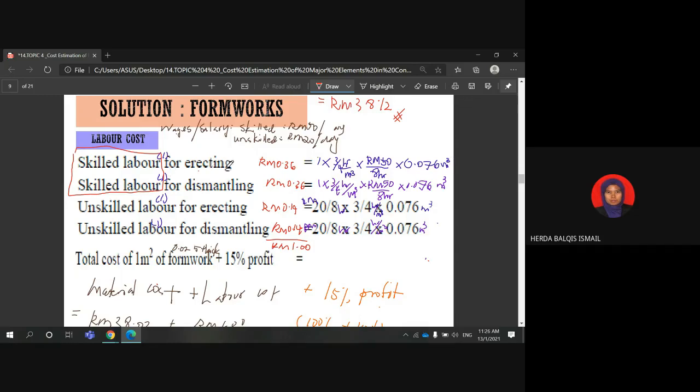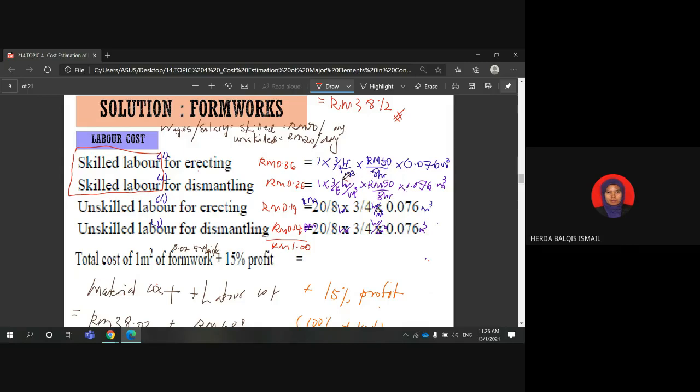For dismantling it is the same, due to the same duration, 3/4 hours required to dismantle 1 cubic meter of formwork, with the salary of 50 ringgit per day.